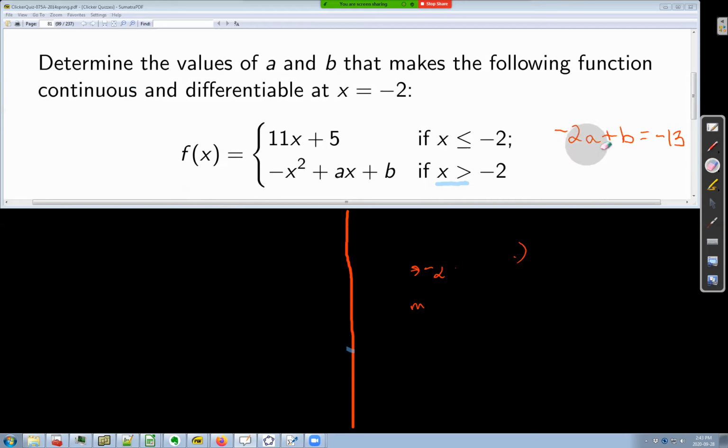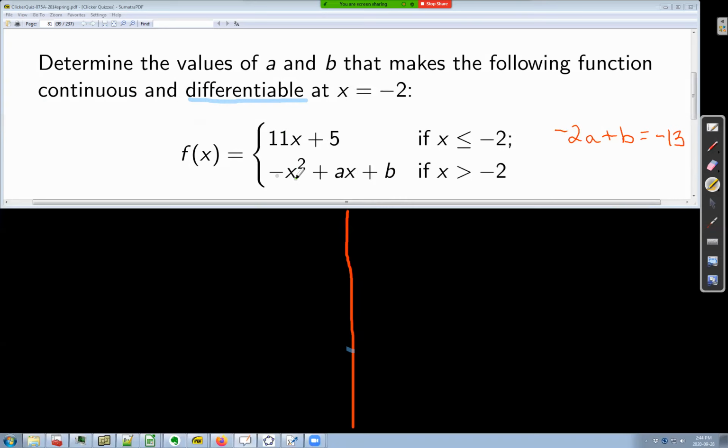I'm going to leave this here because we're going to need that later, but I want to erase everything else. How we're going to get more information is this differentiable part. We haven't used the fact that we want this function to be differentiable.